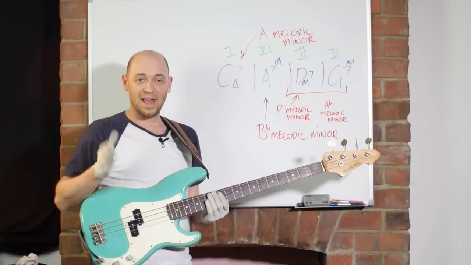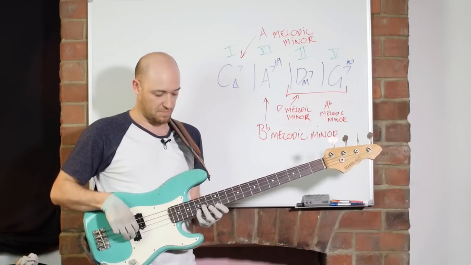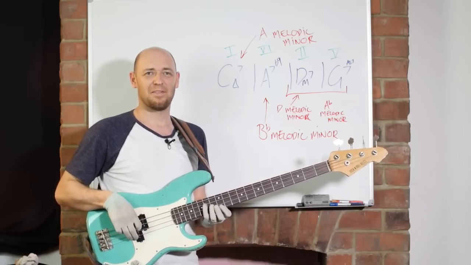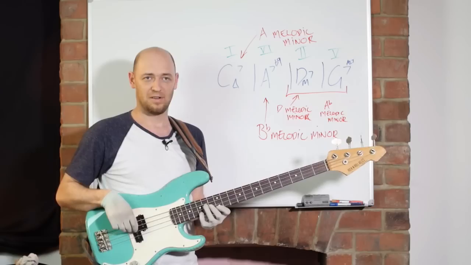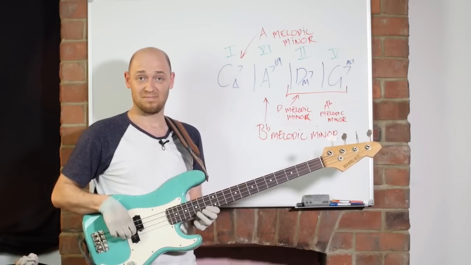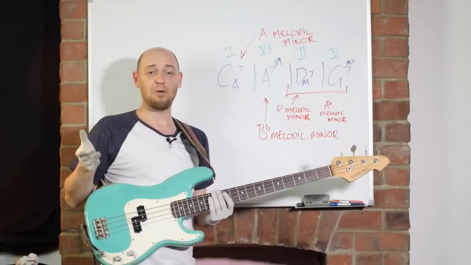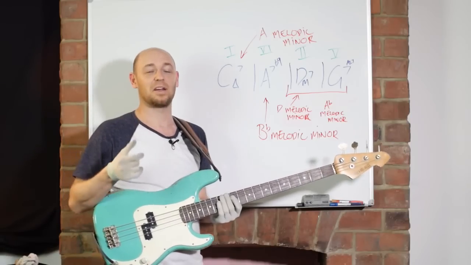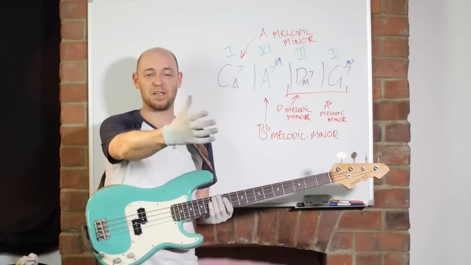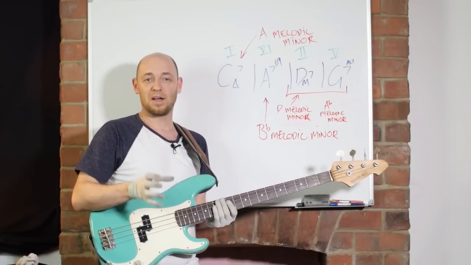So play the arpeggio up and down, and then once you get a vibe for the sound, experiment with making melodies, and this is where you're going to be building your vocabulary, because you're not going to be able to just launch into using these melodic minors if you don't have any melodic minor vocabulary.